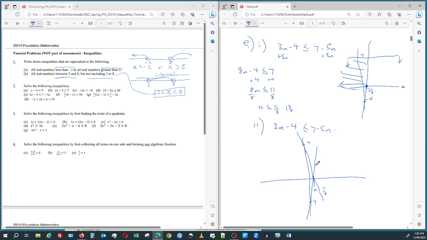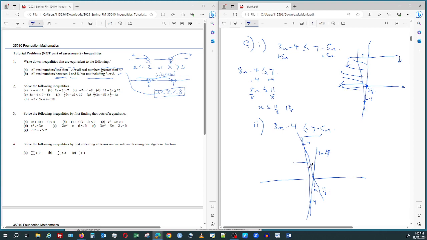But the interpretation is going to be slightly different because the line is showing the 3x minus 4, which is this one here, is less than or equal to 3x minus 4 is less than or equal to 7 minus 5x, or minus 5x plus 7. So that's the region there that we're looking at.